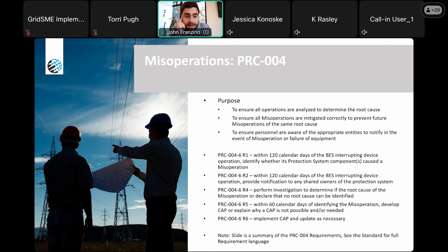And then if you do determine that it was in fact a misoperation, then there needs to be a corrective action plan put in place within 60 days of identifying that the operation was a misoperation. That plan needs to be implemented and updated as necessary, essentially like any other good mitigation or corrective action plan should be.